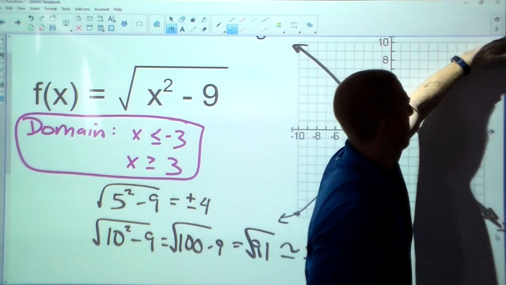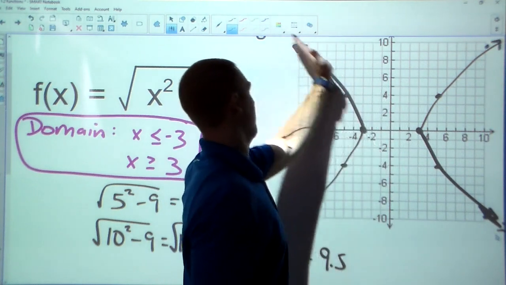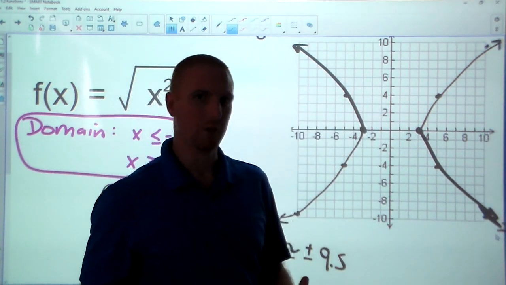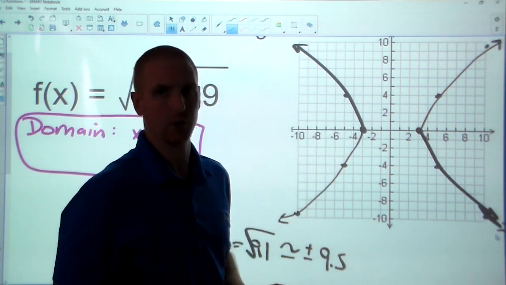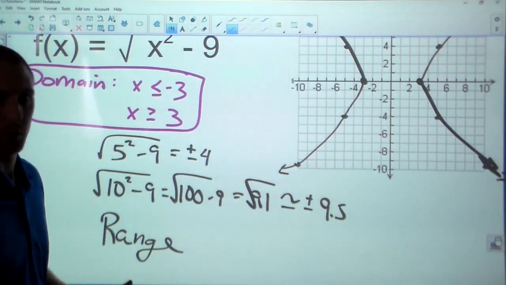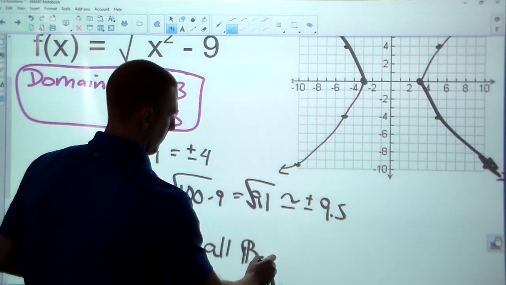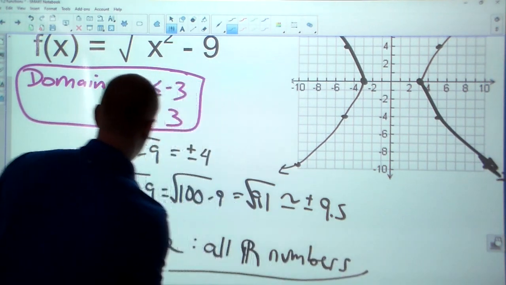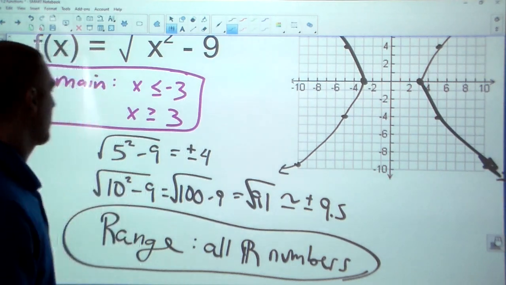Well, hyperbolas slowly go up forever, they slowly go down forever. Same thing on this side. This will be all real numbers for your range, because all y values you could ever imagine will show up somewhere on this graph. So to finish up for range, I'm just going to say all real numbers. We'll come up with some interesting ways to express all real numbers throughout the year. For now, I'm just going to say all real numbers.